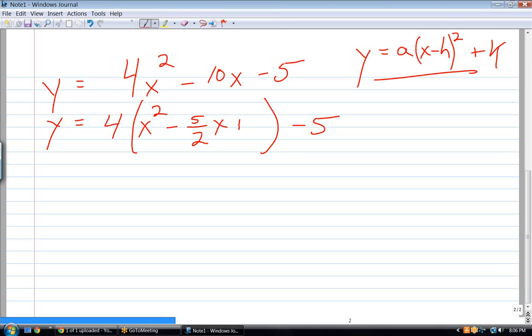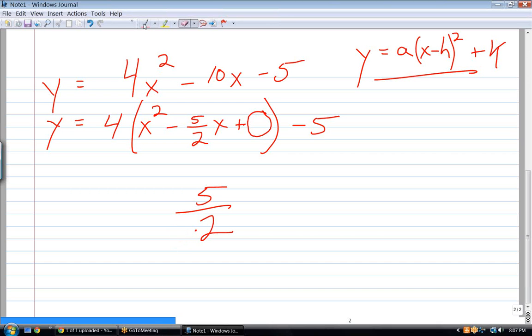So what do I need to write in this spot right here? You divide -5/2 by 2. Which becomes? I don't know. When you divide a fraction by a number, you can just put the number in the denominator. Okay.